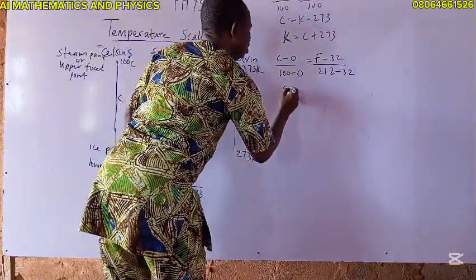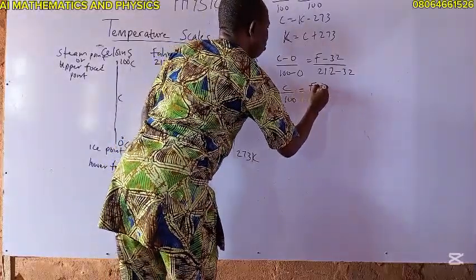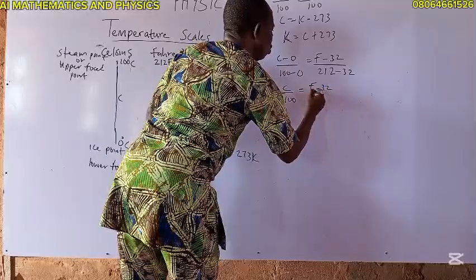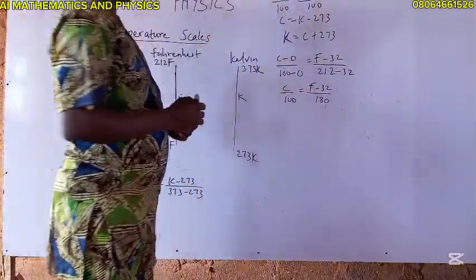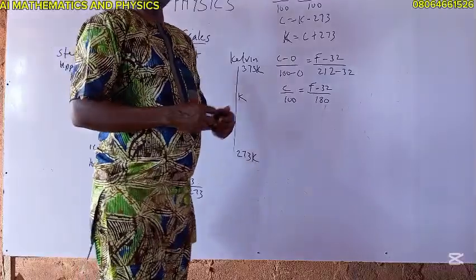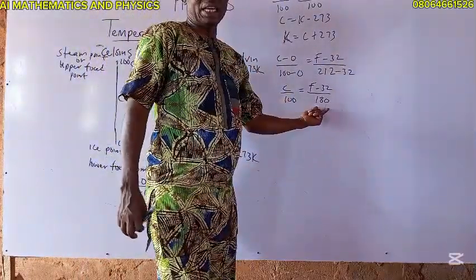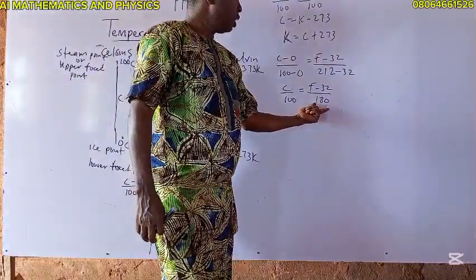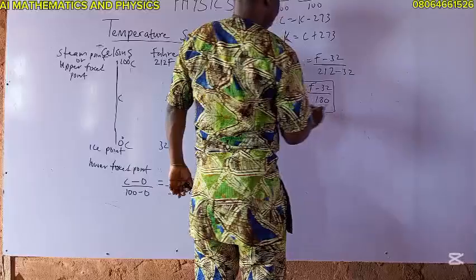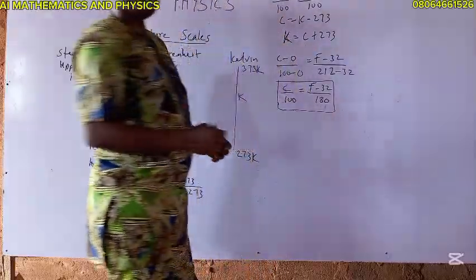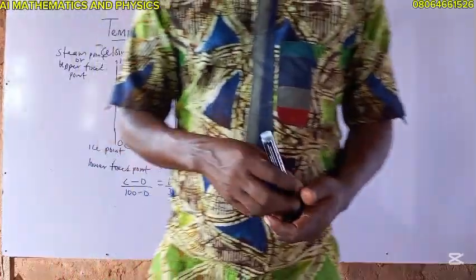That is C over 100 equal to F minus 32 over 180. This one cannot cancel each other because we have 100 there, we have 180 here. So just keep this one, I don't want to simplify further. Which means you can convert anything to any value here.